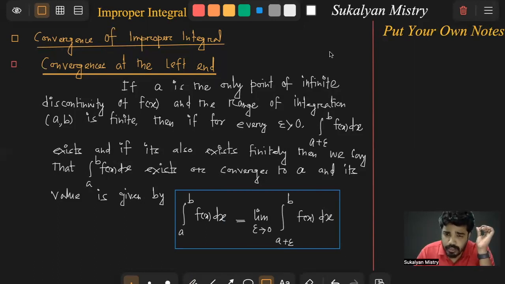Just see, what did I say? Convergence at the left end.